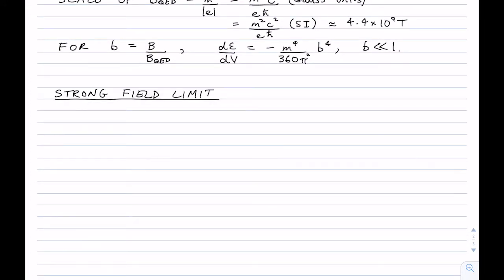So let's write x is defined as eB over m squared.